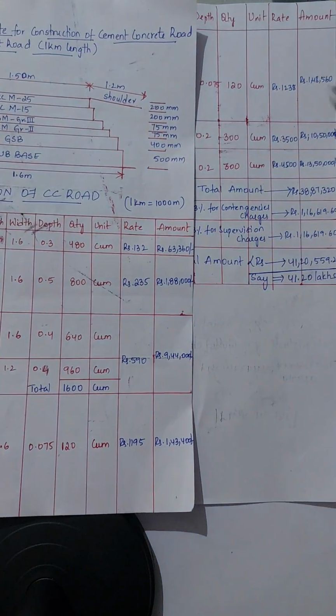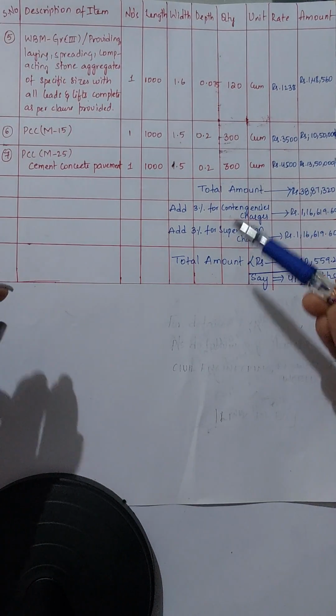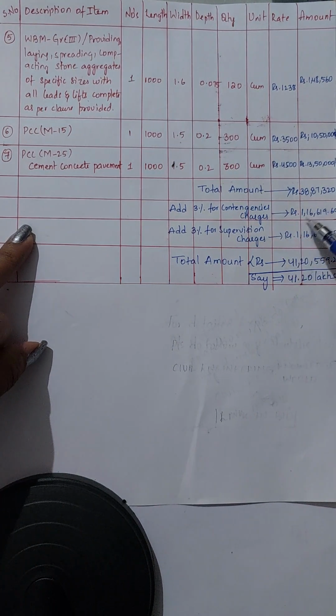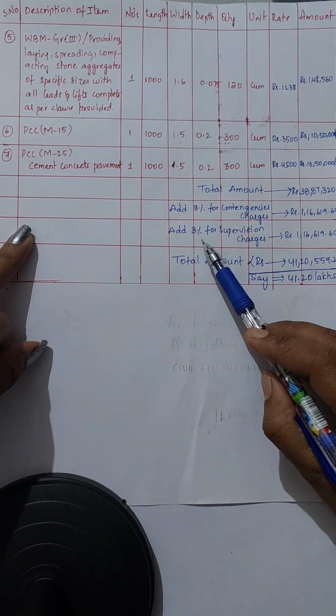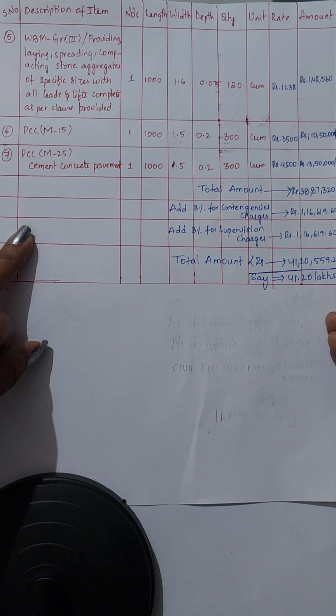Now after adding all these amounts, we get a total of rupees 38,87,320. We are taking an extra 3% for contingency charges, which is 1,16,619.6. And for supervision charges we also take 3%, again 1,16,619.6.